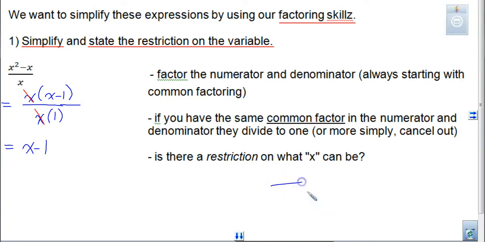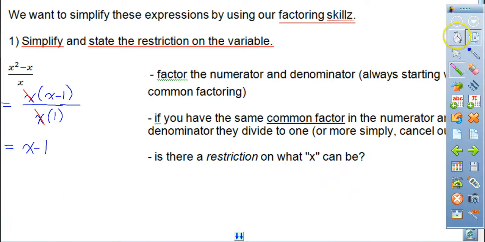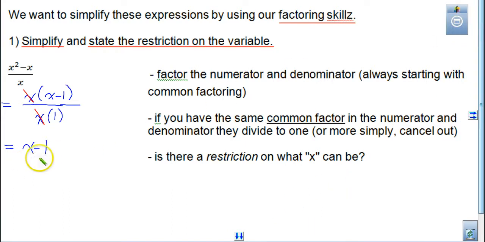We never want a denominator of 0. If you try 3 divided by 0, it is undefined. It is not possible. You cannot divide anything by 0. So basically what we're going to be looking for is what will make the denominator equal to 0. Now we don't have a denominator in our final answer, but we do in this step right here and in the original question.